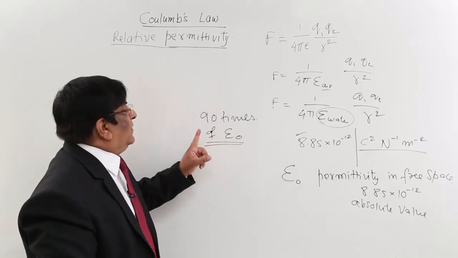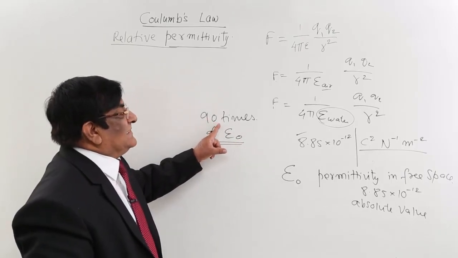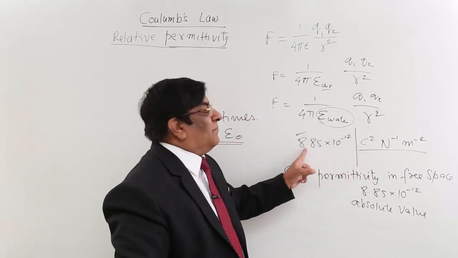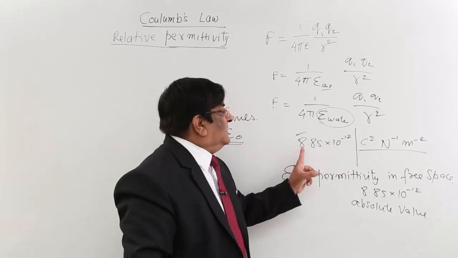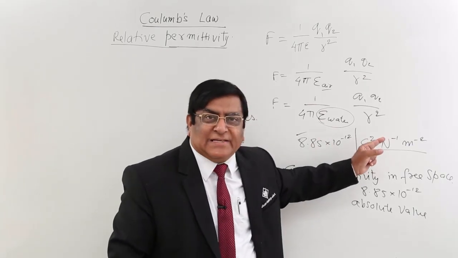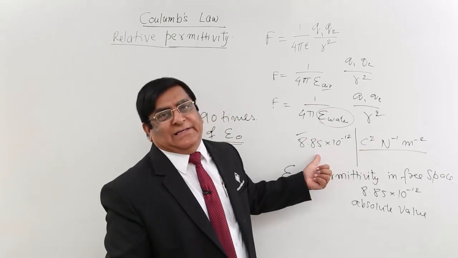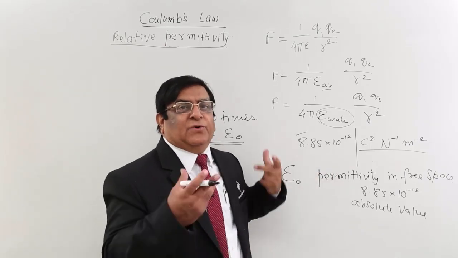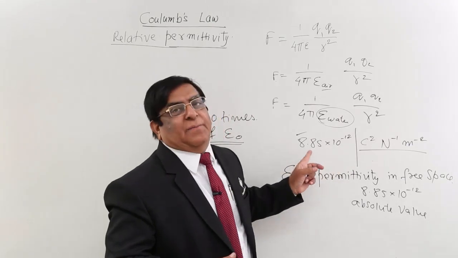So we only have to remember that it is 90 times. If it is given in SI system, we multiply with 90. If it is given in CGS system, we multiply with 90. If it is in FPS system, we multiply with 90. So what we have to remember for water is 90. We don't have to remember all the values separately.